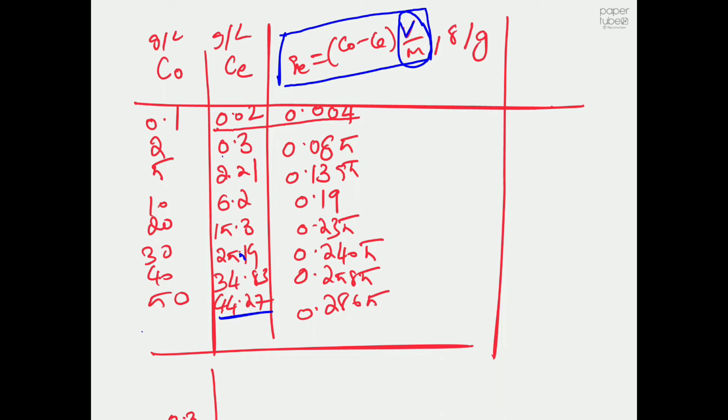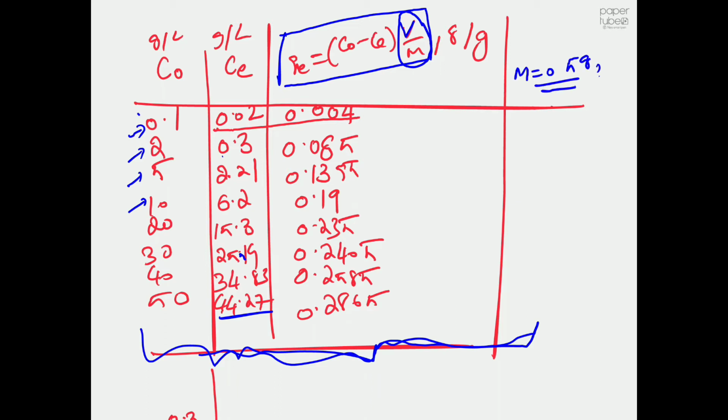So whatever the experimental data you have here, these are performed starting from different initial concentrations, and then we used an adsorbent mass of just 0.5 grams, and then we used a volume of 0.025 liters.